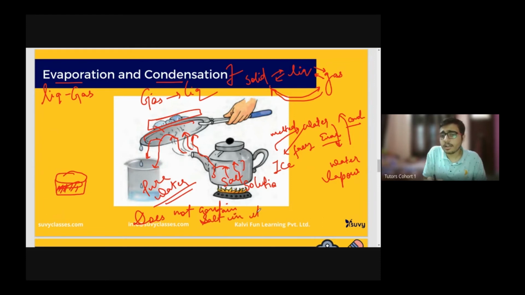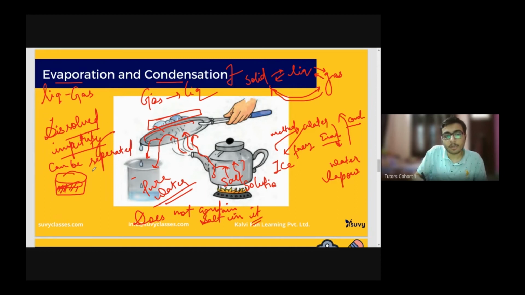So this is also a process of separation of a dissolved impurity. It can be sugar, salt, glucose, anything. Dissolved impurities can be separated out. All right, I hope that's clear. It's not tough. I have given you plenty of examples. Now we will move ahead.